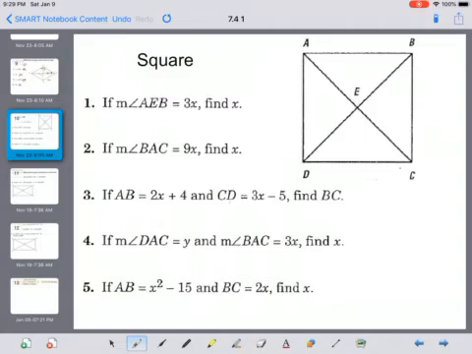Now looking at a square, go ahead and pause and solve for these 5 as well. In a square, AEB would be right there perpendicular, so 3x equals 90, so x equals 30.